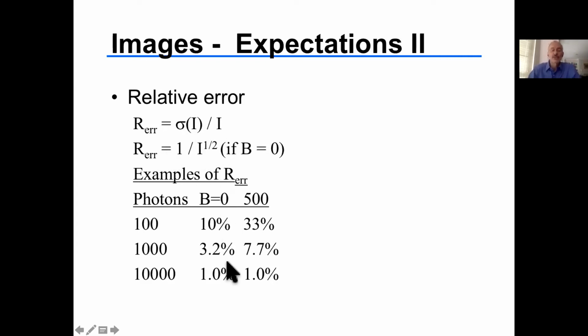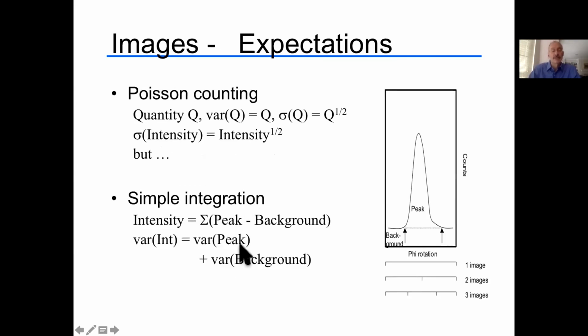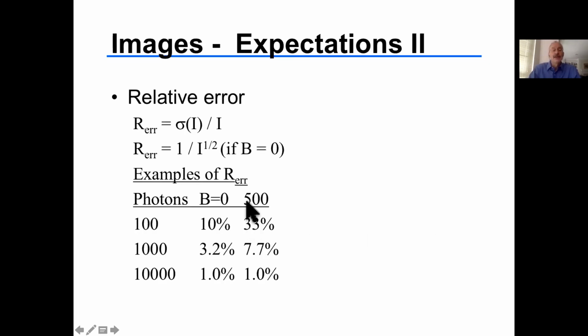If we have no X-ray background, this relative error expressed as a percent for 100 photons is 10%, or 1% if we had 10,000 photons. But if we added 500 photons of background underneath here, the signal to noise for weaker reflections is reduced.